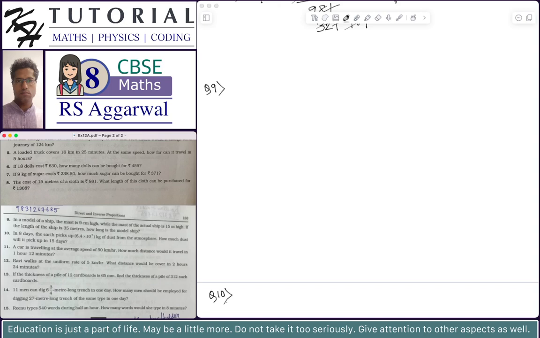So if the length of the ship is 35 meters, how long is the model ship? So what is the concept? How do we approach this? First, we have to identify the quantities.